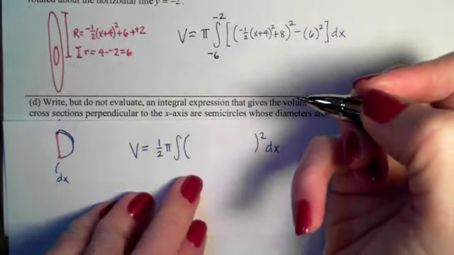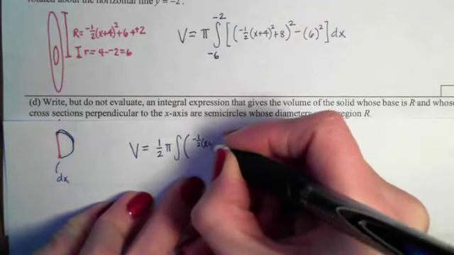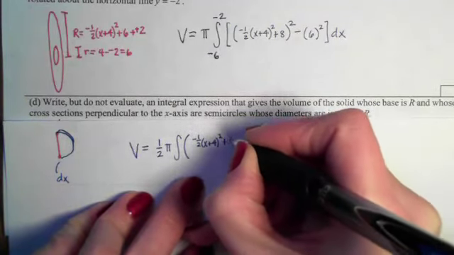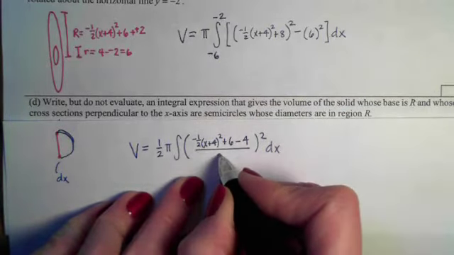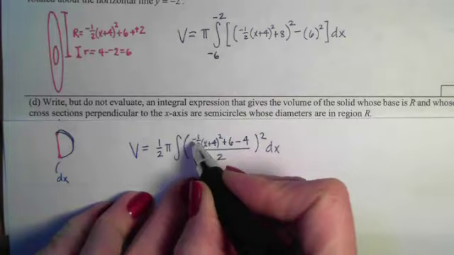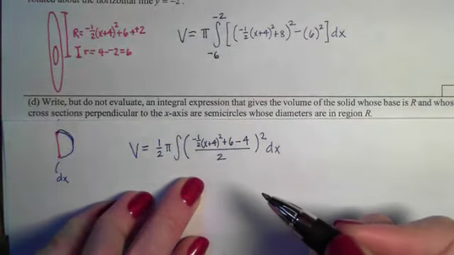So that radius will be the length of the strip, which was the top y coordinate minus the bottom y coordinate over 2, because we took the whole length, which was the diameter, and we're going to divide by 2 to get the radius.